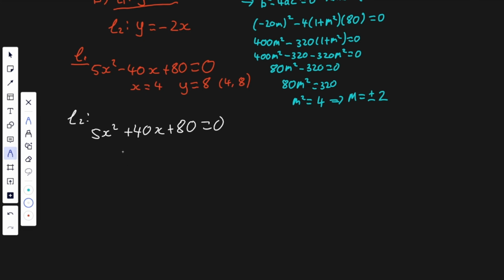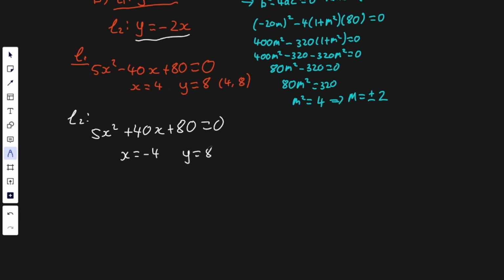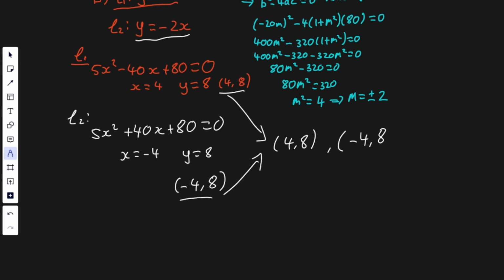And this gives me x as minus 4. And well, subbing it back into here, we get y as 8 again. So we get minus 4, 8 as our coordinate. And these are our two coordinates. We should probably detail them somewhere to make it obvious what our answer is to the examiner.